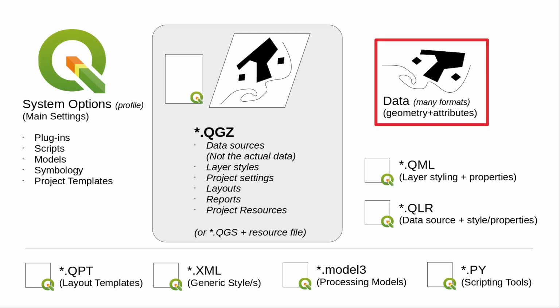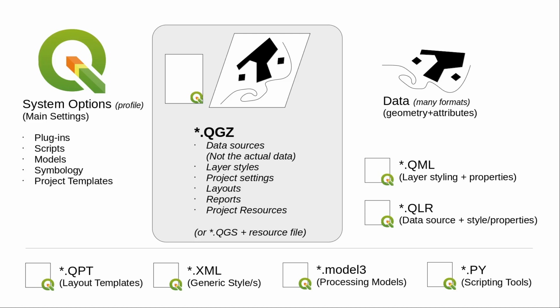When you add data to a project, you will only add the geometries and the attribute table, and it will get a generic styling, a simple style, if you haven't defined default styles for different geometry types in your project properties.